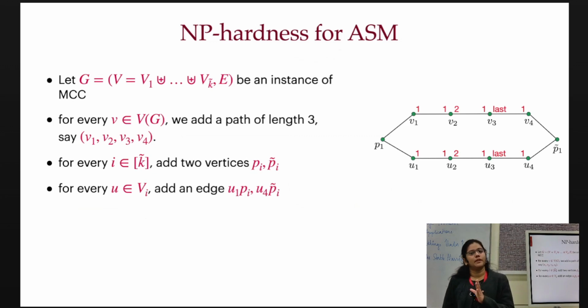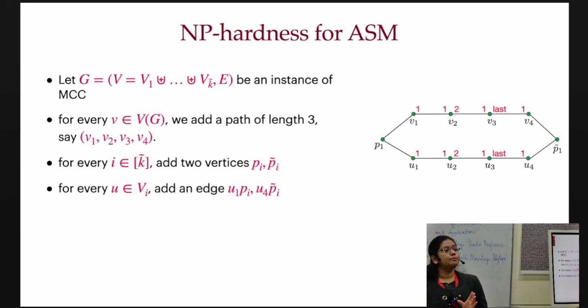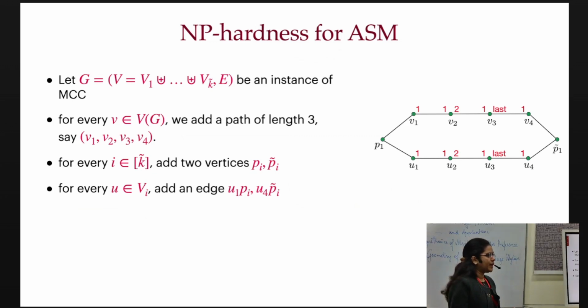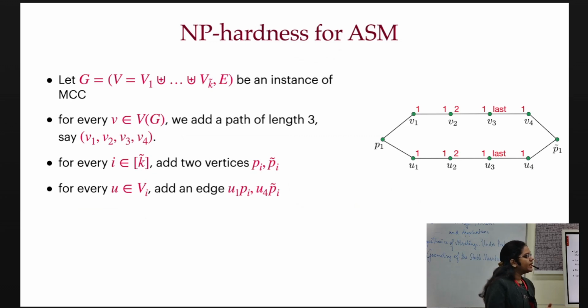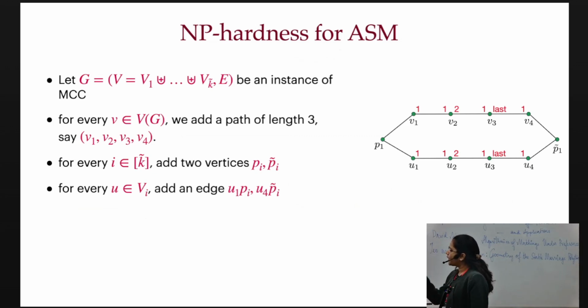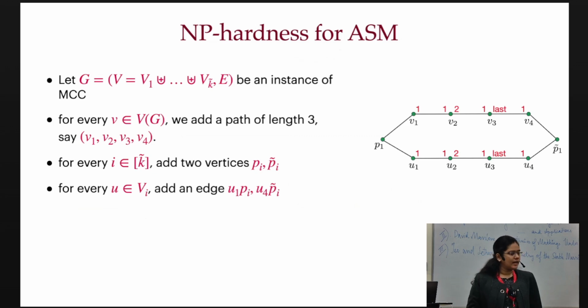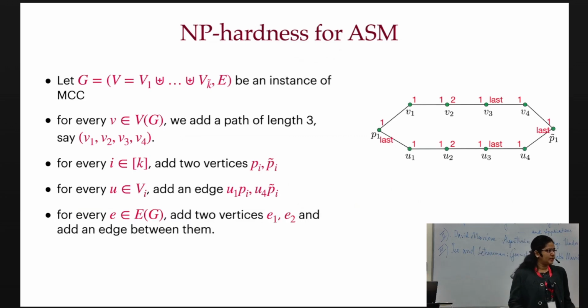Similarly for P1 tilde. Of course, there will be a vertex P2, and the degree of P2 will be the size of set V2 and so on and so forth. Now, P1 can arbitrarily rank its neighbors. I just fix something. It is arbitrary, does not matter.